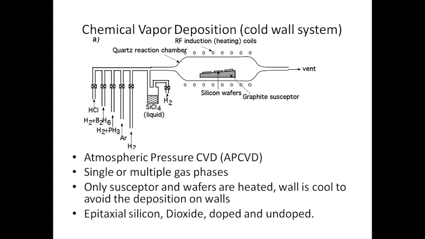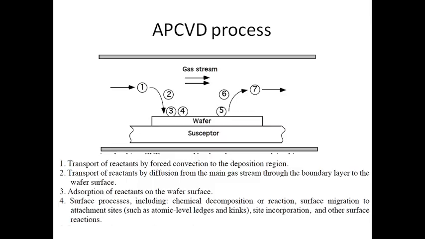This will be operating at atmospheric pressure, and you can see it's not very hot as in the case of oxidation, where you will be heating to the order of 1800 or 1600 degrees centigrade. And this is the APCVD process, meaning atmospheric pressure chemical vapor deposition.